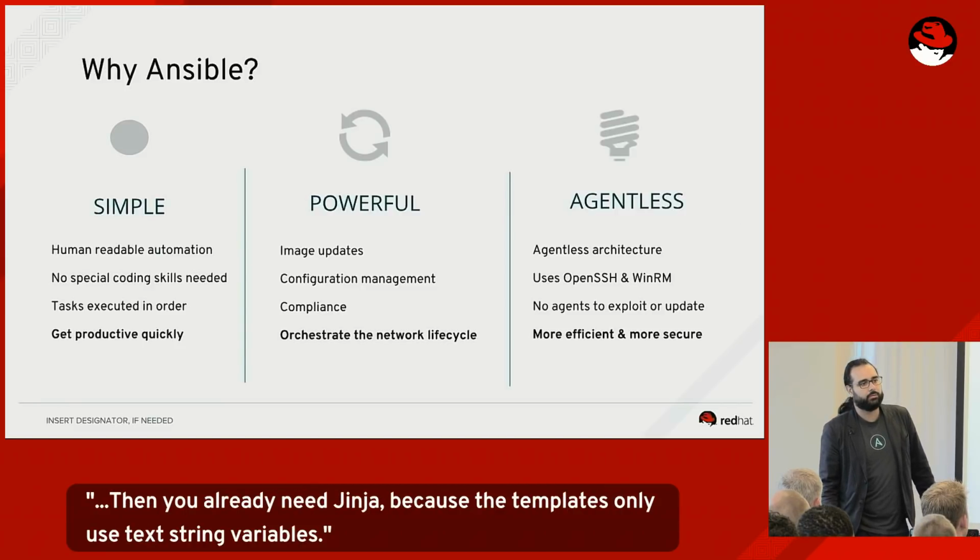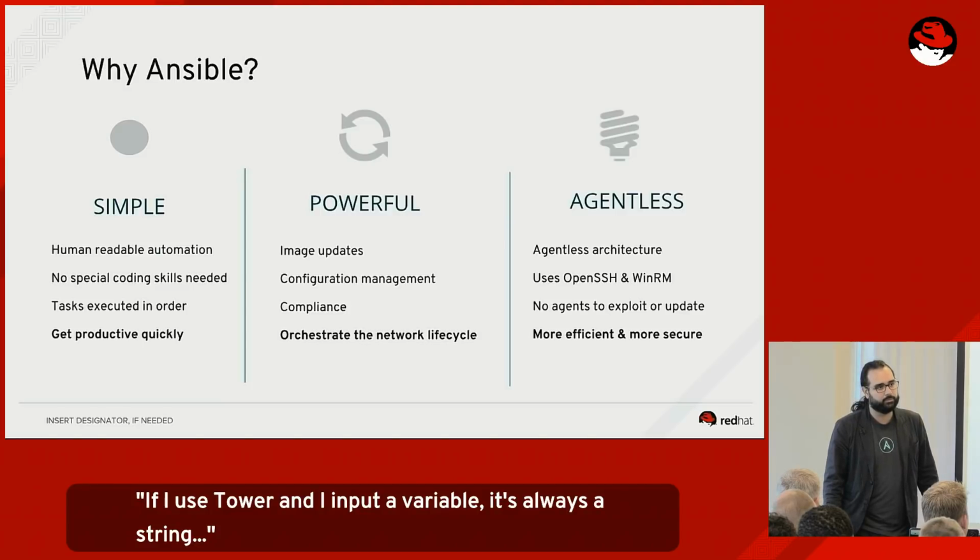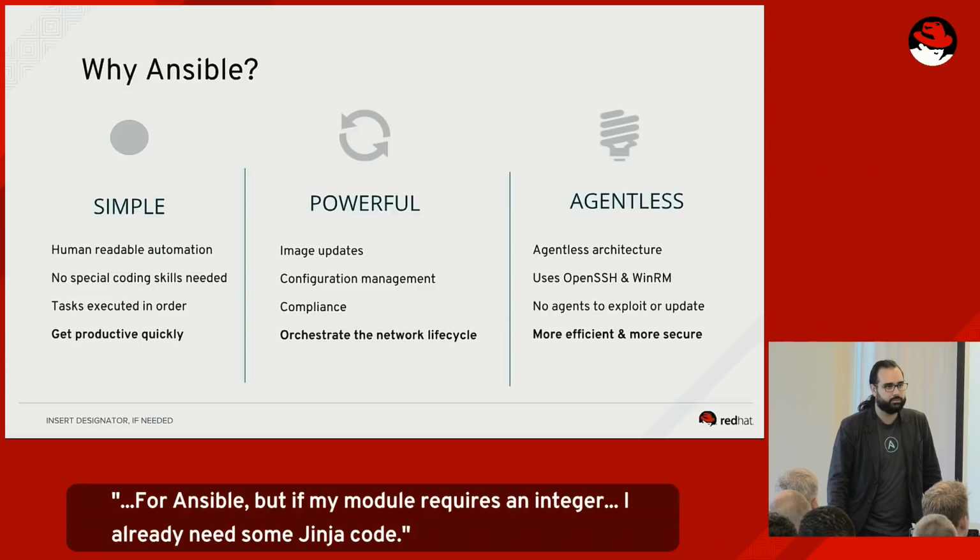You already need Jinja because the templates only use text string variables. If I use Tower and I input a variable, it's always a string for Ansible. If my module requires an integer, then I already need some Jinja code to translate.